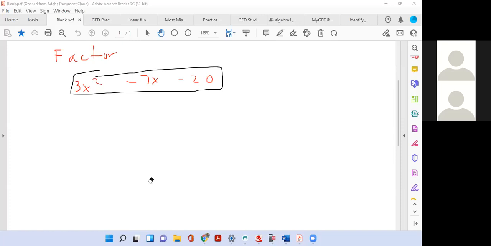If they tell you to factor it, you're going to use the multiple choice and multiply the binomials. If they tell you to solve this, you would use the quadratic formula and plug your A, B, and C into your calculator. If they gave you the answers in your multiple choice, you would plug each of the multiple choice into the quadratic equation.